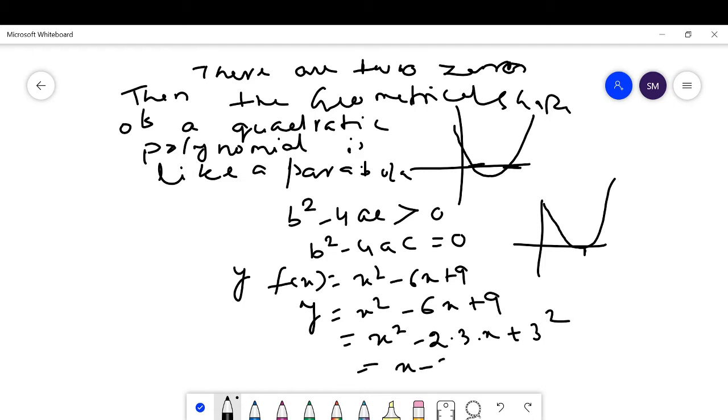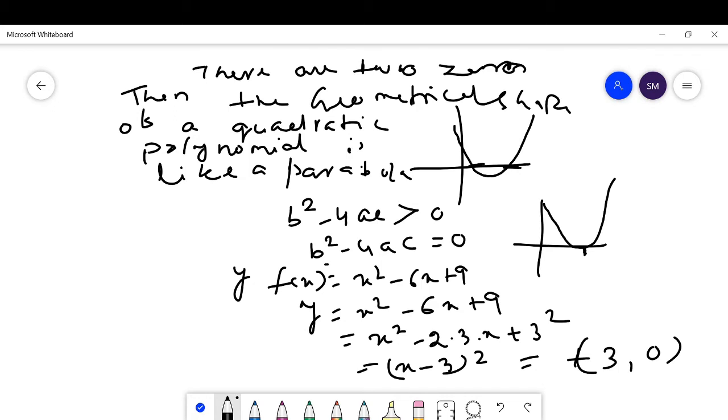This is (x minus 3) whole square. The zero is 3, so it touches the x-axis at (3, 0). No two distinct zeros, only a single point.